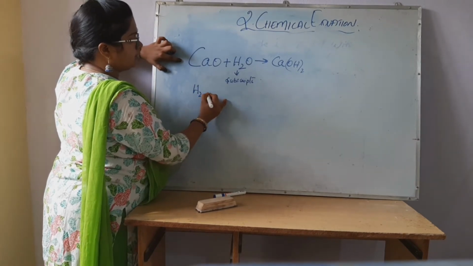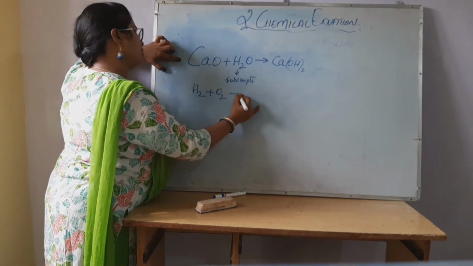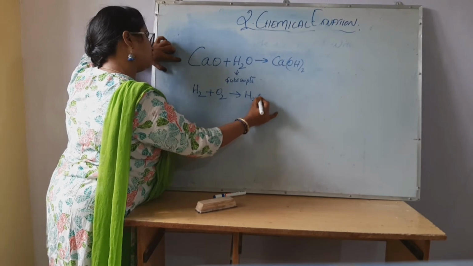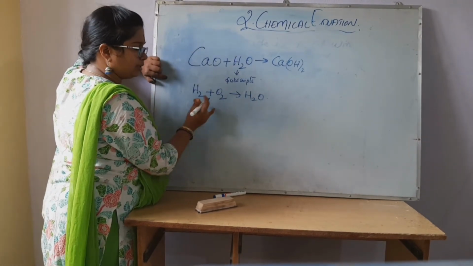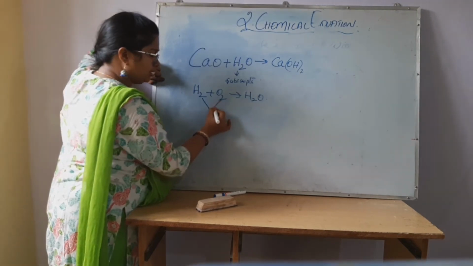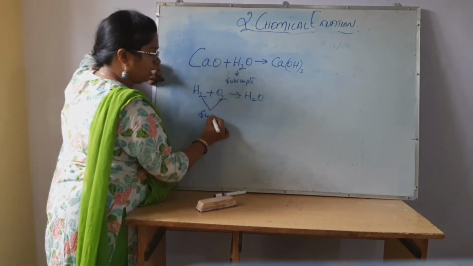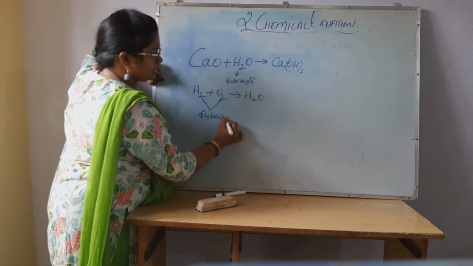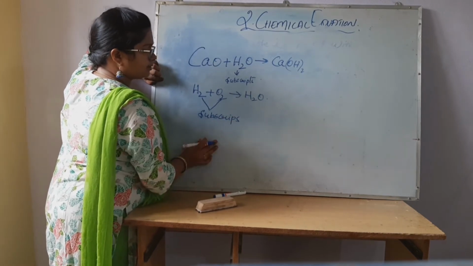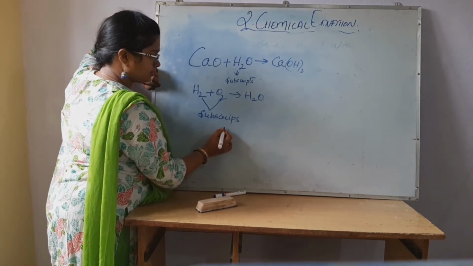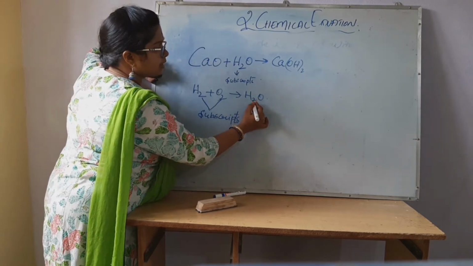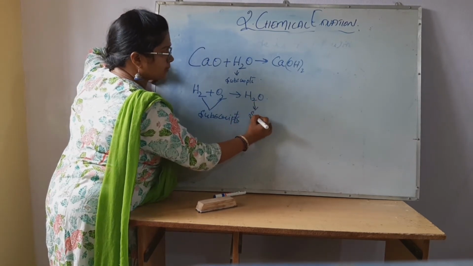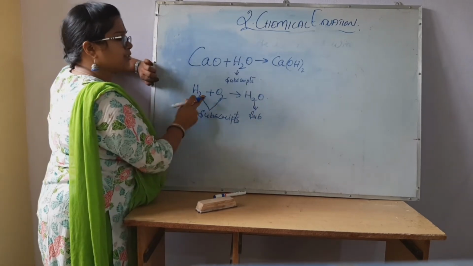H2 plus O2 gives rise to H2O. Balancing and all we will see later. First listen to this. What is it called? It is called subscripts. Okay, here the subscript is 2.